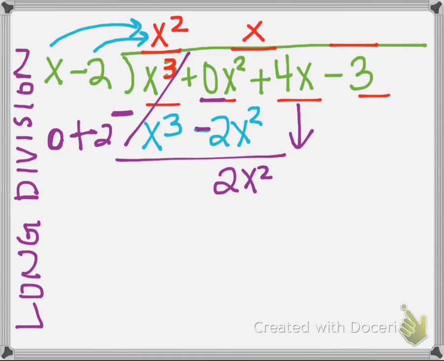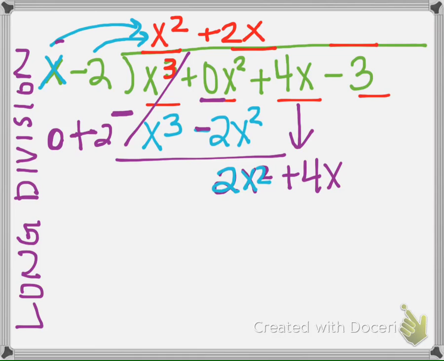Then we bring down the 4x. And now we ask ourselves, this x times what gets you 2x squared? So 2. And then we're going to multiply this 2x to both of these.